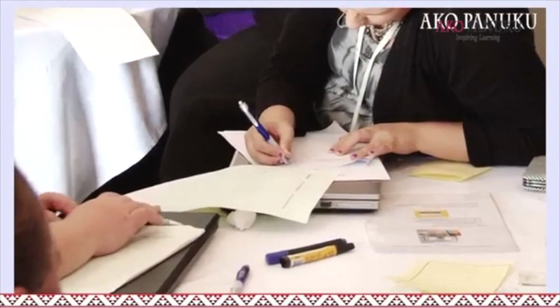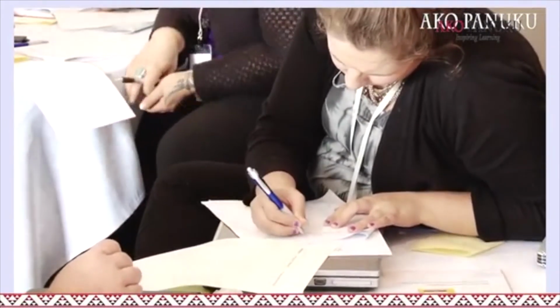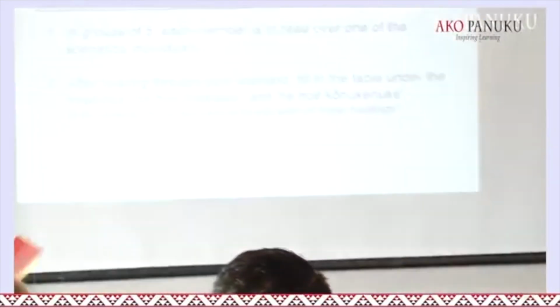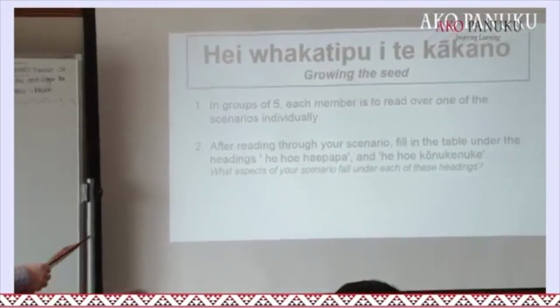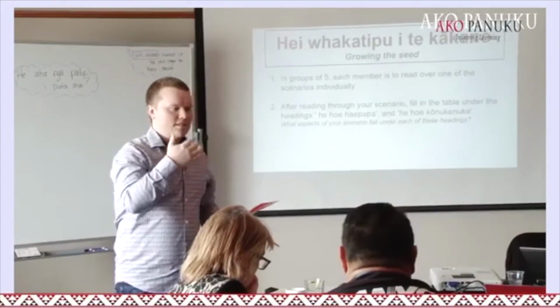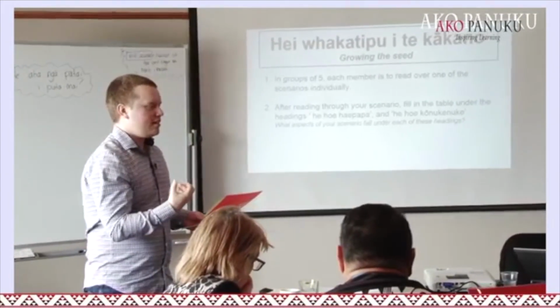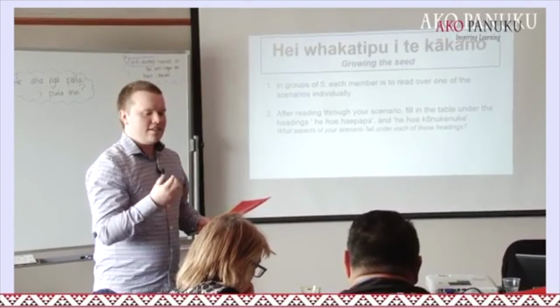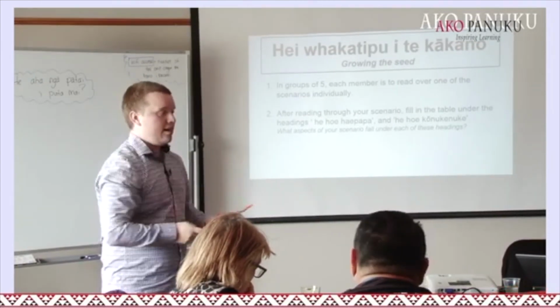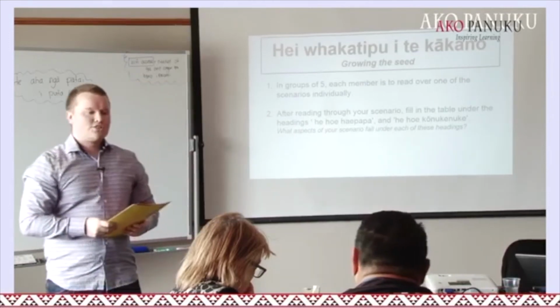So what we're going to do, groups of 5. Obviously this is going to be different because you're not in groups of 5, but in your pair or by yourself, take one of these scenarios. First part is reading it individually. He mahi takitahi. As you're reading on your sheet, either the green one or the one that's in that other handout you've got, just write in your scenario column.